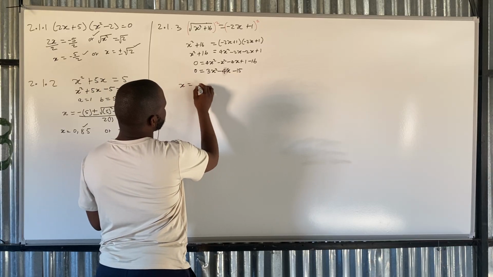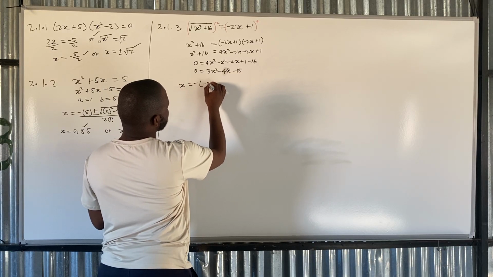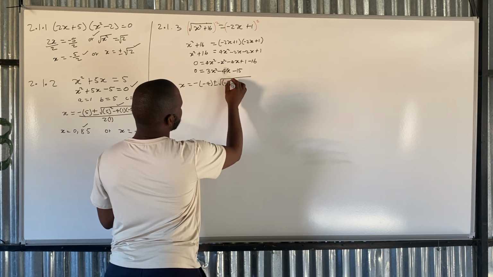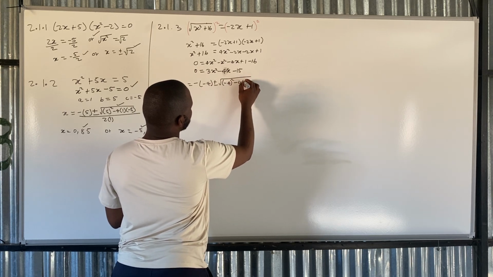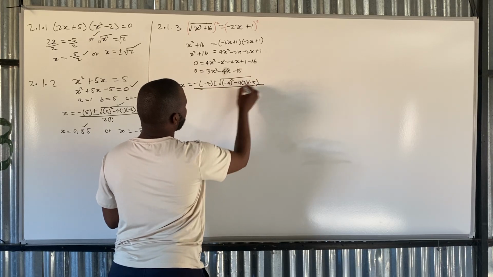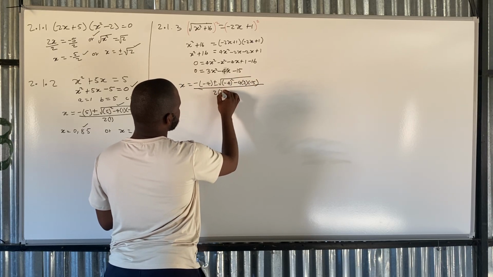So x is equal to negative into negative 4, then plus or minus the square root of negative 4 squared minus 4ac, and then all over 2 into a, which is 3.